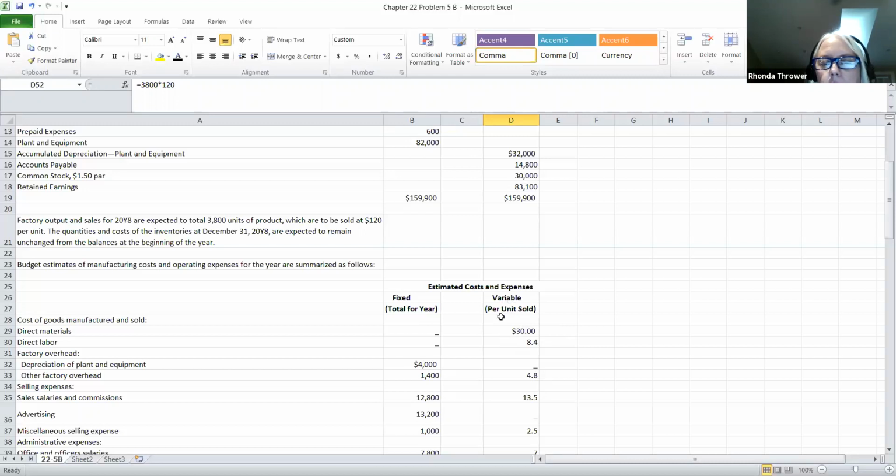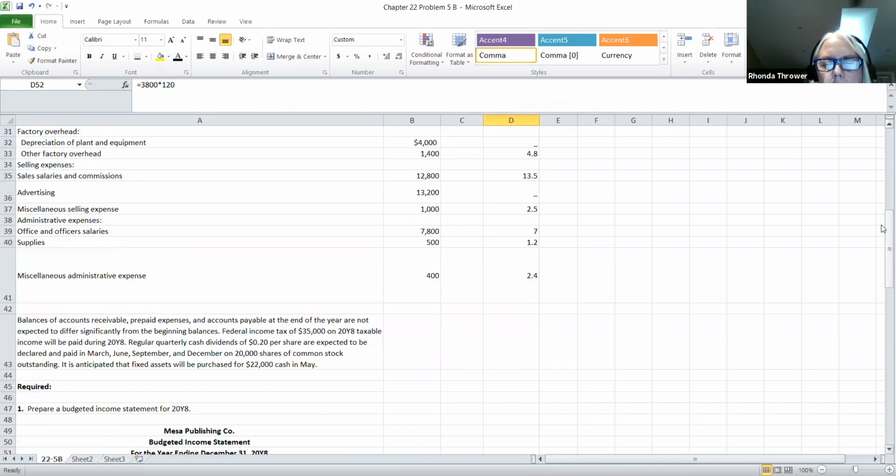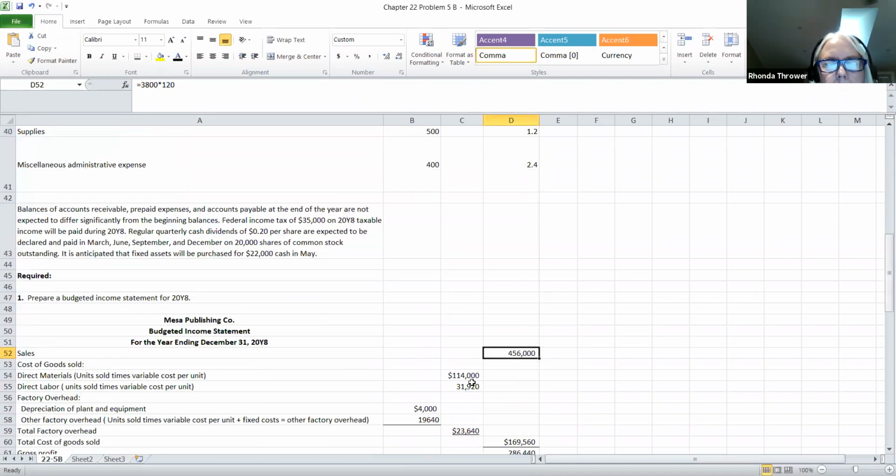It says variable is going to be the cost per unit sold. So $30 would be multiplied by 3,800 units that we sold, that was given to us in our information. And that's how we would come up with $114,000. You might notice out to the side, I've shown you right here in parentheses how I came up with this number.